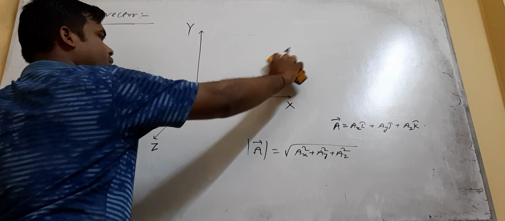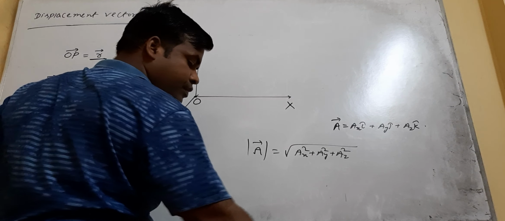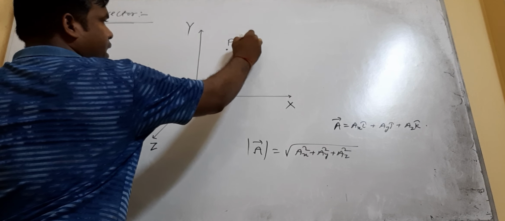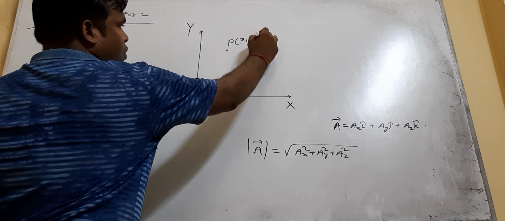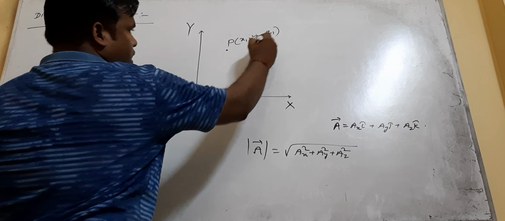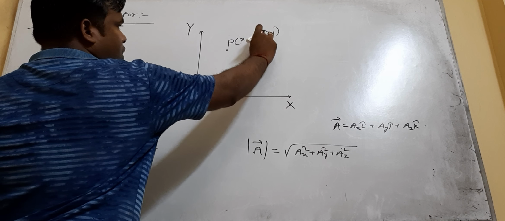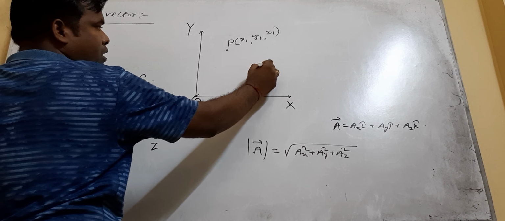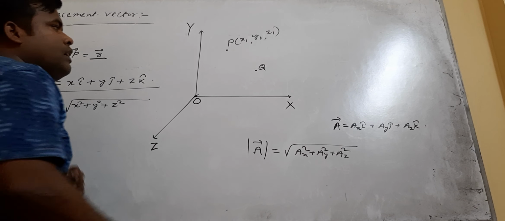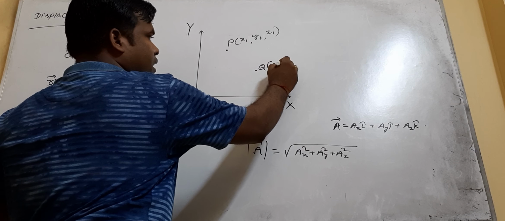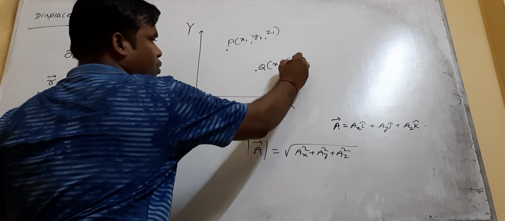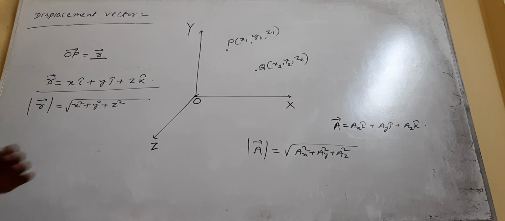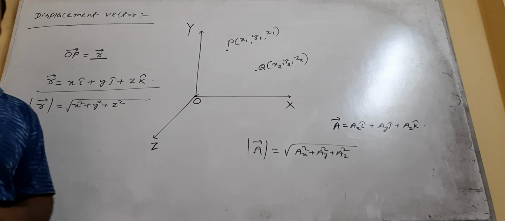Suppose P is the initial point, its coordinates are x1, y1 and z1. And Q is the final position, its coordinates are x2, y2, z2. A particle moves from P to Q.